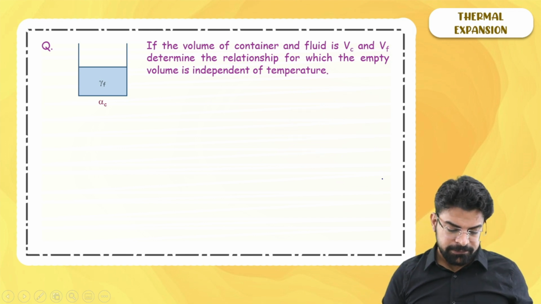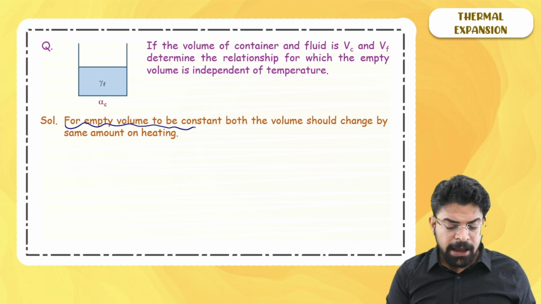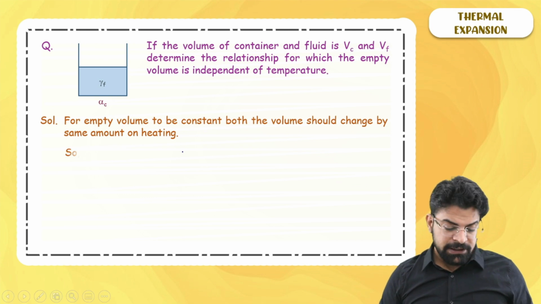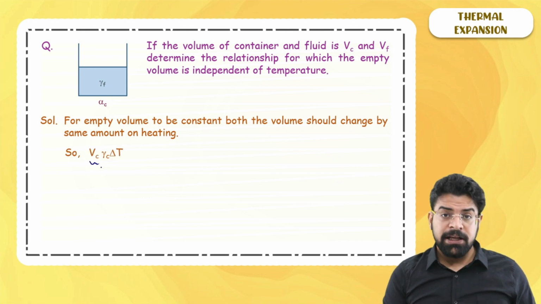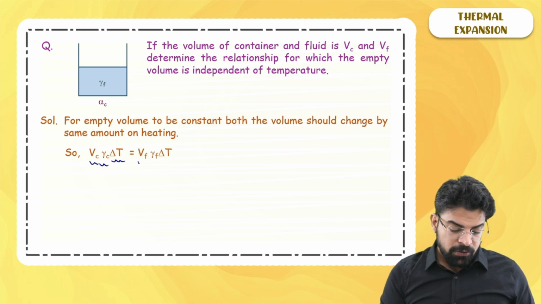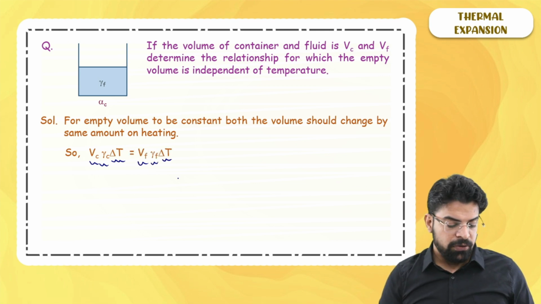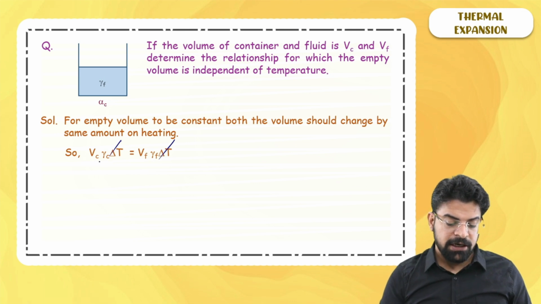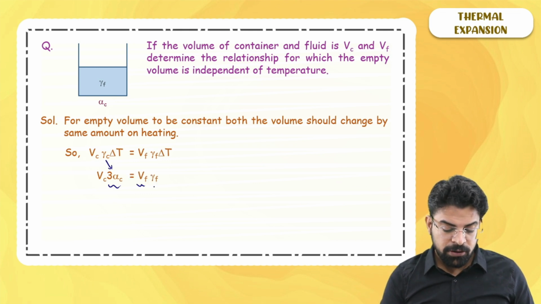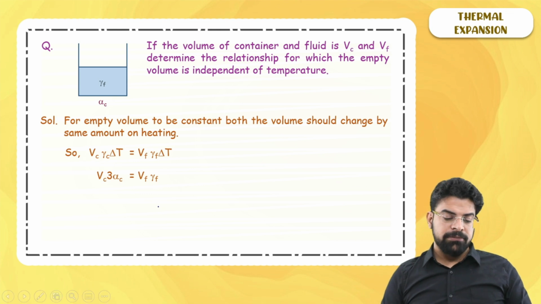So we say volume of container into gamma of container into delta T should be equal to volume of fluid into gamma of fluid into delta T. Cancelling delta T from both sides, and writing 3 alpha c in place of gamma of container, you simply get Vc times 3 alpha c equals Vf times gamma of fluid. Such a simple thing.